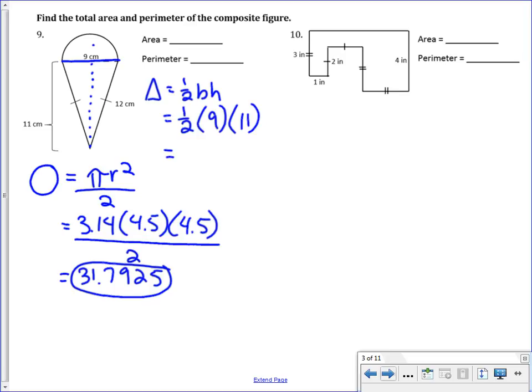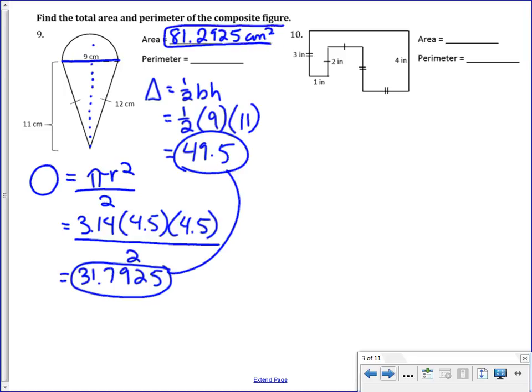And when I do that math, I wind up with 49.5. And again, this and this need to get added together. And when I do that, that makes the area 81.2925 centimeters squared.